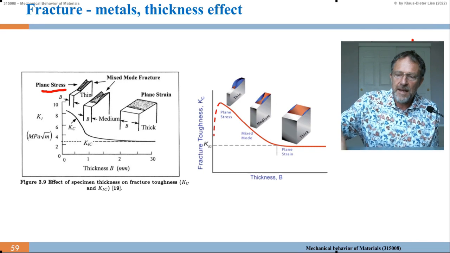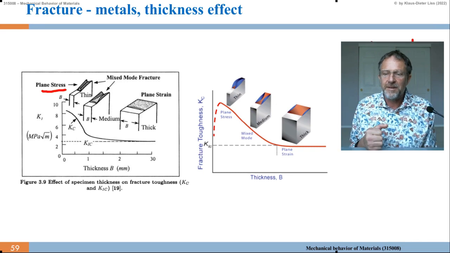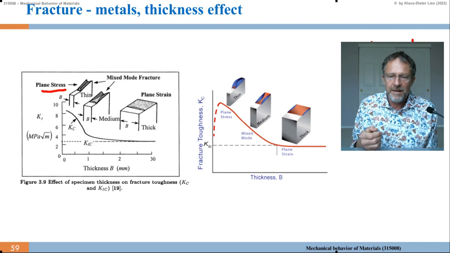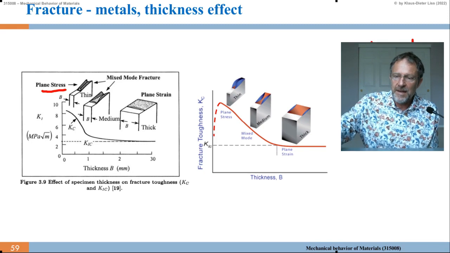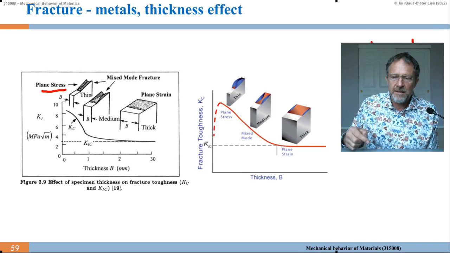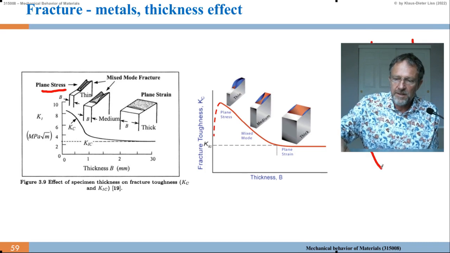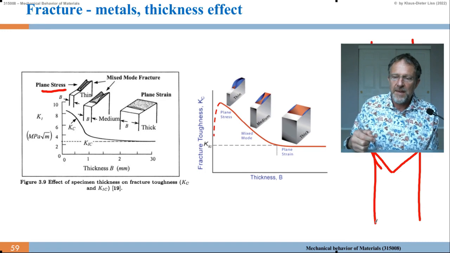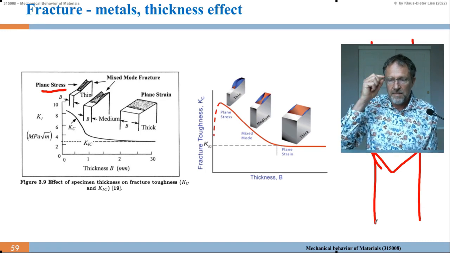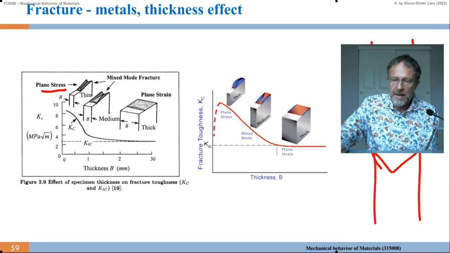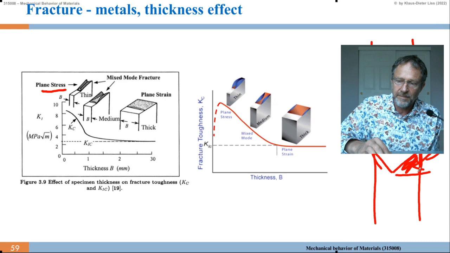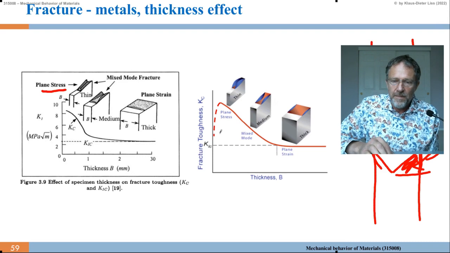And the same symmetric 45-degree direction can be in the other. So eventually they grow from the surface in here, they grow from the surface in there, and they meet. So you can get a fracture surface which looks like that, 45 degree, and eventually they meet, and you get these lips. We call these triangles the lips. So that is the plane stress situation.